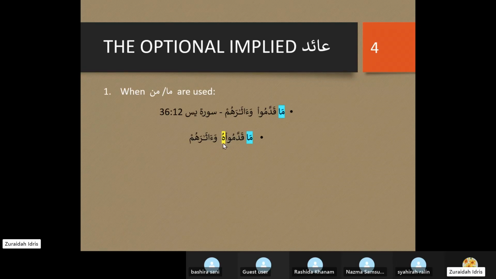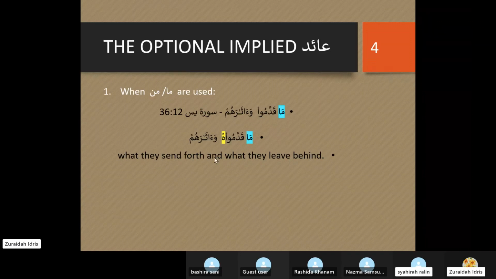Qaddamu who. This who that has been dropped in the ayah actually goes back to ma, what they send forward. Understood? Okay. What they send forth and what they leave behind. This is one of the standard translations of this ayah.